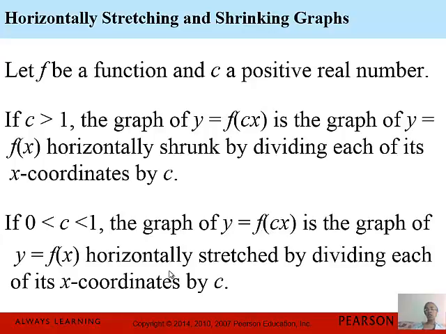So it's a change to the input, whereas the vertical stretch and shrink is a change to the output. It's a change to the y value when you're talking about a vertical stretch or shrink. Here it's a change to what you're putting into the function.